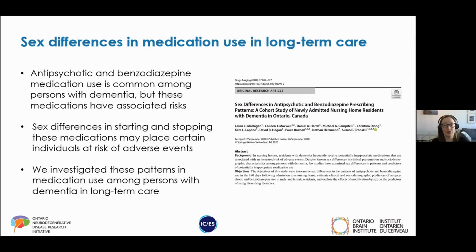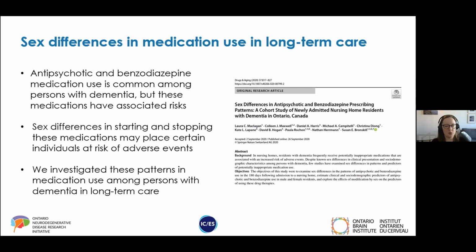Previous studies have shown that these medications have been associated with poor health outcomes like falls, stroke, pneumonia, increased cognitive decline, and mortality. And these medications are sometimes known as potentially inappropriate medications because clinical guidelines often recommend not using these in people with dementia for the reasons that I've mentioned.